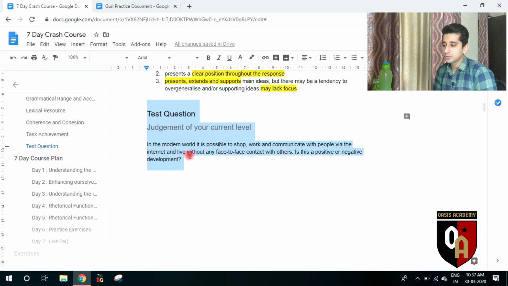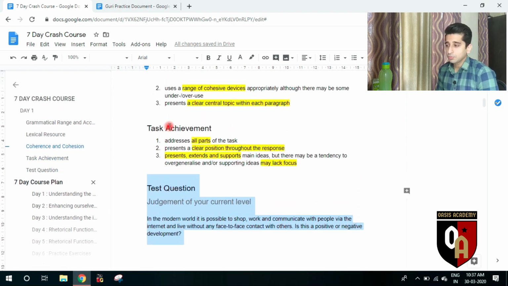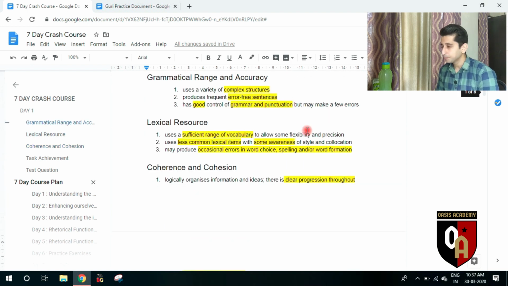So what you can do is first write on paper or the notebook that you have at home, and then type it and message me in the inbox. That way I can check it and give you a judgment of your current level and what things you need to work upon. I guess this would certainly be the best way to do this. So please drop your emails into my inbox so I can give you access to this document.